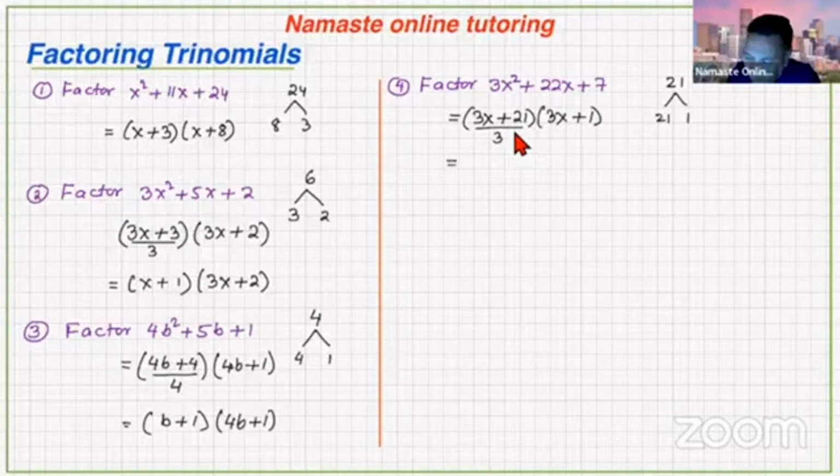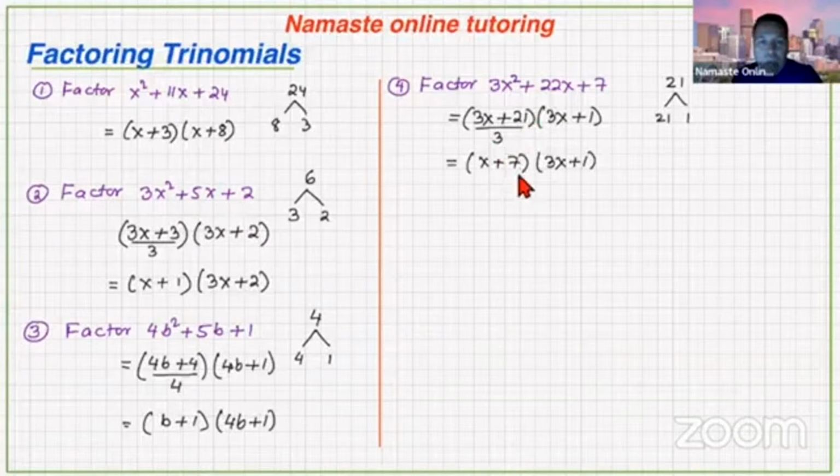So that is equal to x plus 7 multiplied by 3x plus 1. What we did here is 3x over 3 is x, and 21 over 3 is 7. That's why we got the factors x plus 7 times 3x plus 1. So that's how we can factor the trinomial.